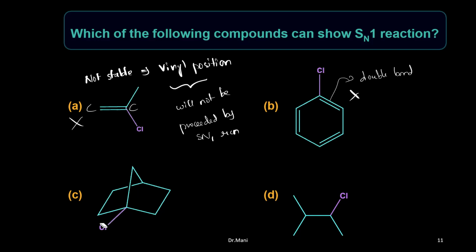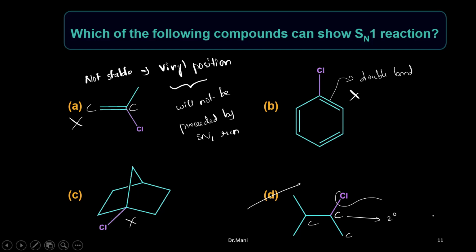So here the chlorine cannot leave very easily. This is not a stable process. Now you can see here, this is a carbon and it does not have any double bond. So this carbon can easily break from the chlorine and easily turn into a carbocation. So this will be my answer. In this, carbocation formation can easily occur. And which carbon is this? It is attached to two other carbons, so we call this carbon a secondary carbon.